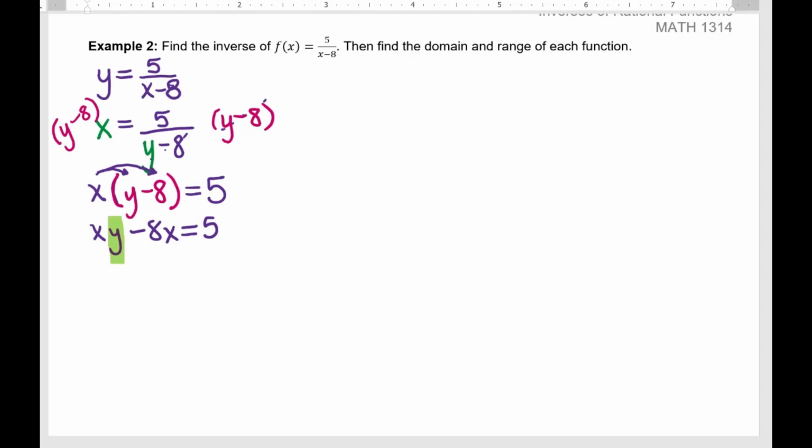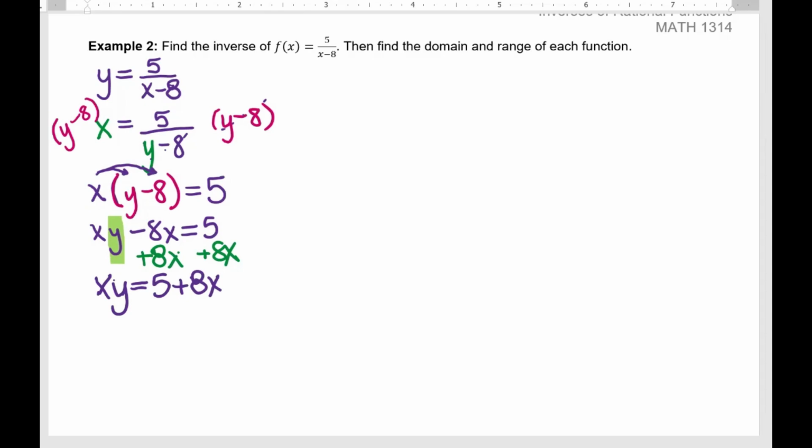So the first thing we can do is get rid of that 8x. We're going to add 8x to both sides of our equation. We cannot combine the 5 and the 8x. They are going to stay separate. So we're going to have xy is equal to 5 plus 8x. You could also do 8x plus 5.